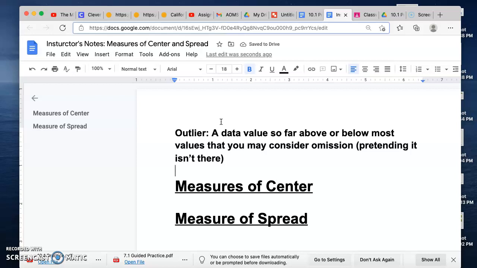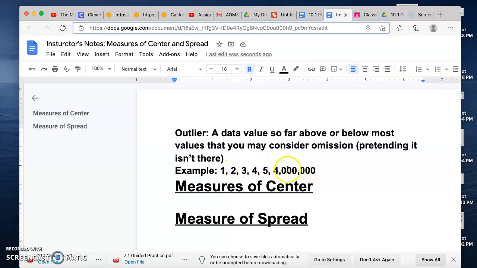So for example, if I had the numbers 1, 2, 3, 4, 5, and 4 million, in a way I could say, oh, well, this data pool goes from 1 to 4 million. That being said, not really, because most of the values are somewhere between 1 and 5.